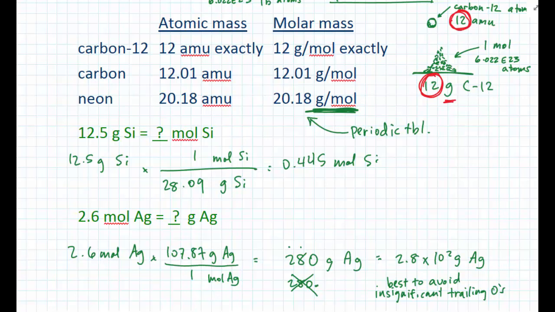Now, before you turn the page, what if this question up here asked how many atoms of silicon, or a lot of times that's called silicon atoms. If I wanted to do silicon atoms, you already wrote it, but I can just include right here. What would we do?